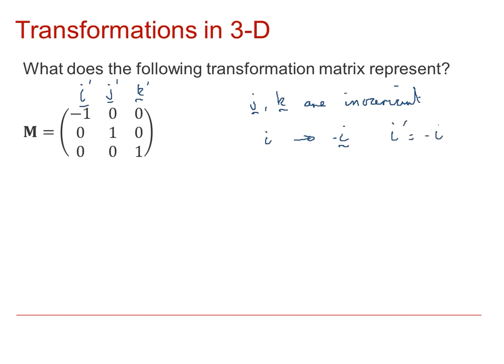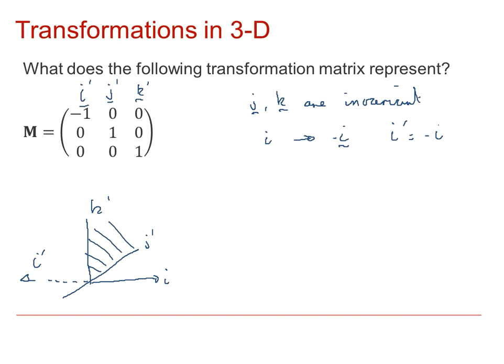Now if we look at that in terms of a diagram, what we're saying is that the plane which has j and k in it stays the same. So this plane here is invariant, with j dashed and k dashed staying in exactly the same place. i was over here, and comes across to this position, i dashed. So we can see that this is a reflection, where our invariant plane is this one here.